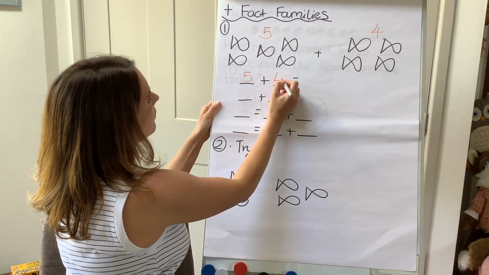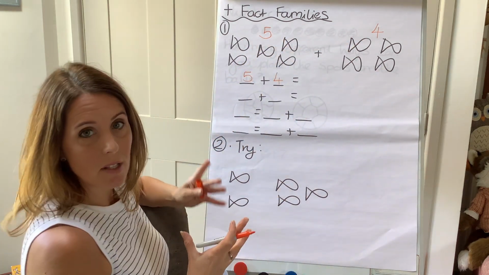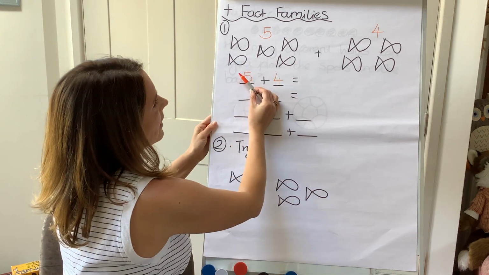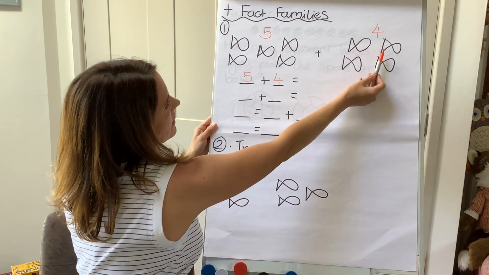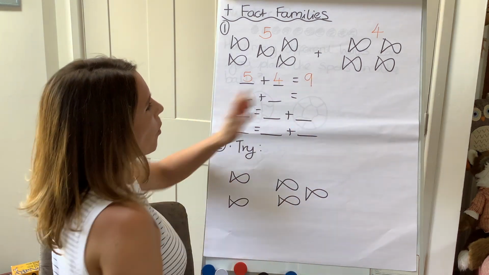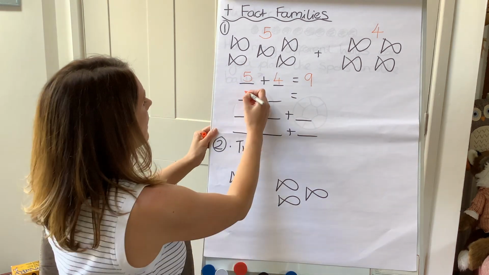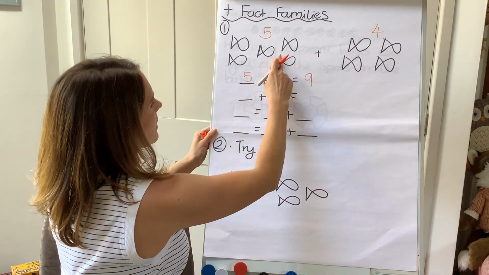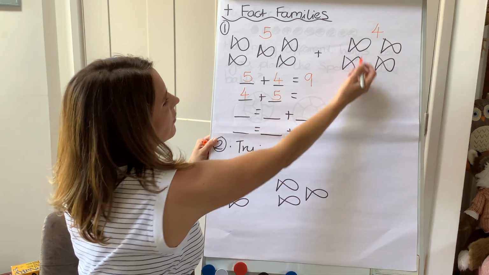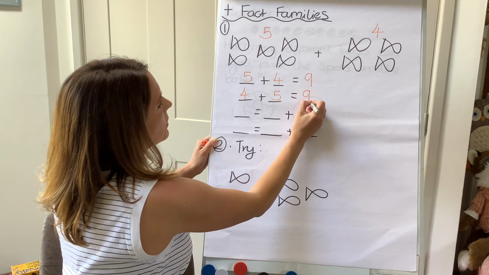So 5 add 4 is equal to, so you could count both the groups together to find how many there are in total, or start at 5 and add on 6, 7, 8, 9. So there were 9. We could have added them the other way round. 4 add 5. Let's check it. 4, 5, 6, 7, 8, 9 is equal to 9.